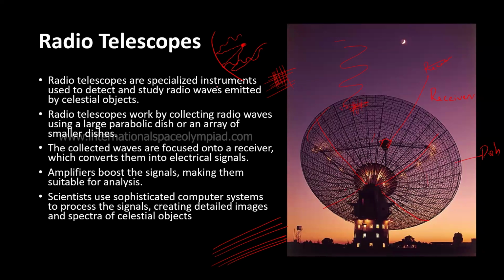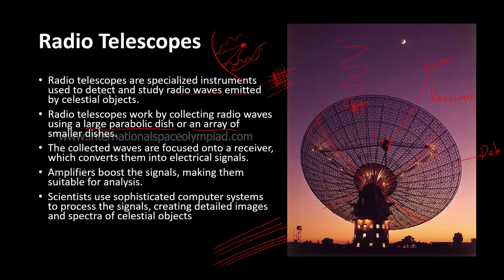Radio telescopes are special instruments used to detect and study radio waves emitted by celestial objects. A radio telescope works by collecting radio waves using a large parabolic dish or an array of small dishes. So either it can be a single large parabolic dish, something like this, or sometimes we use an array of them, a number of dishes arranged in a pattern.